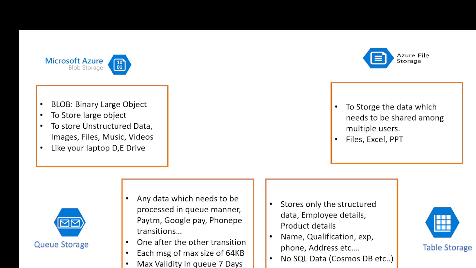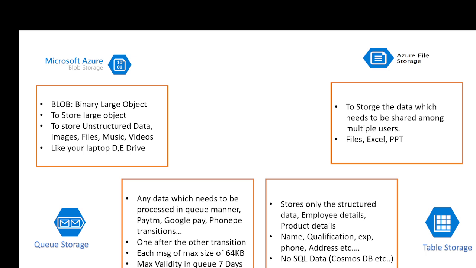The first one is blob storage. Blob, as I already told you, means binary large object. It will help you store a larger amount of objects. If you have a large amount of data, petabytes or terabytes, it will allow you to store it, where a single file may be 2 GB, 10 GB, or 100 GB.